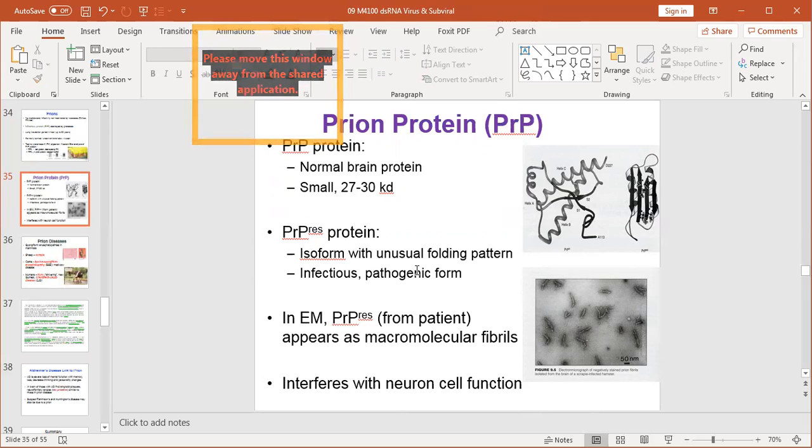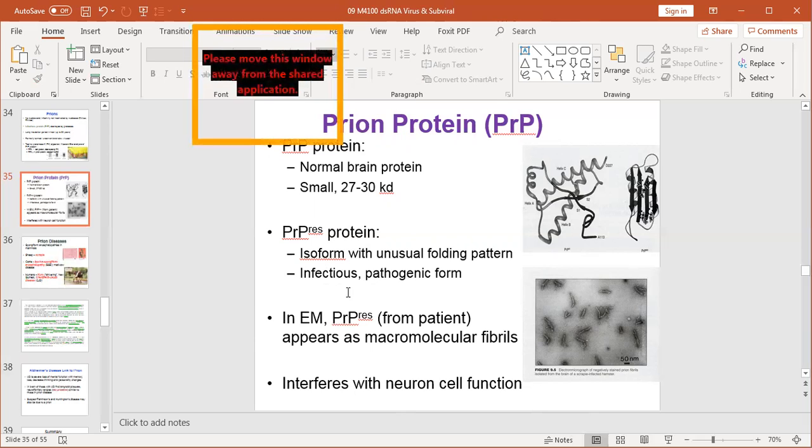However, it has an unusual folding pattern, and it is because of this unusual folding pattern that it is infectious. This is the pathogenic form of the protein.